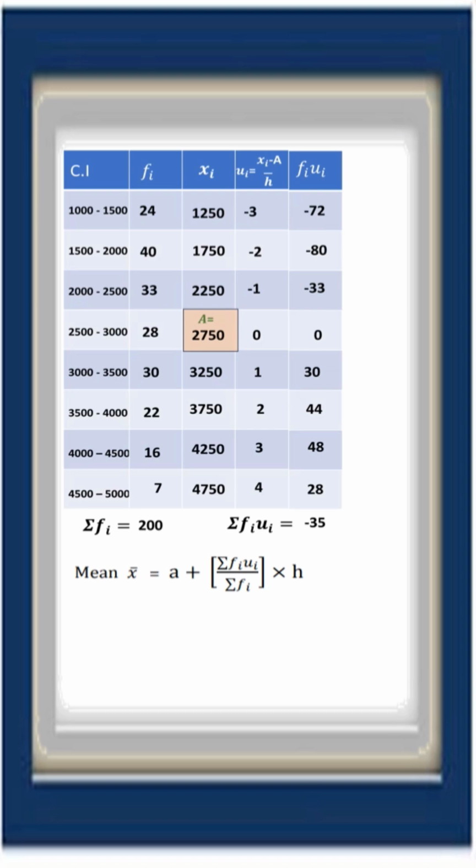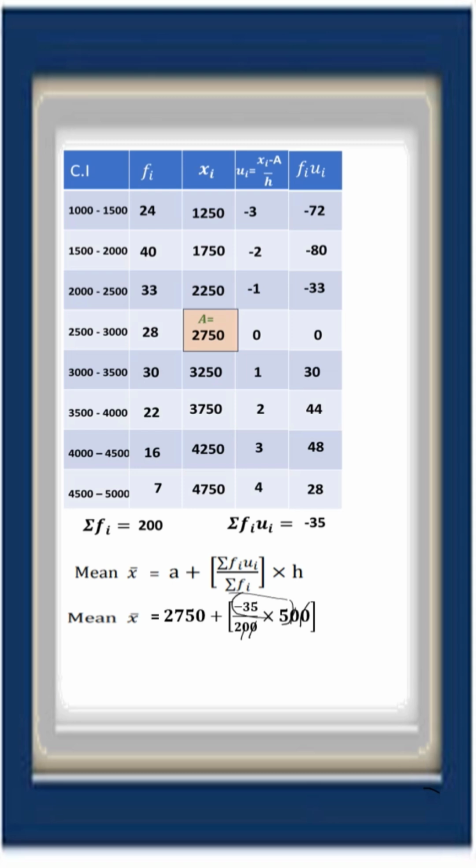Now let us substitute the values. A is 2750 plus negative of 35 by 200 into 500. Here the zeros get cancelled. You have to multiply negative of 35 and 5.